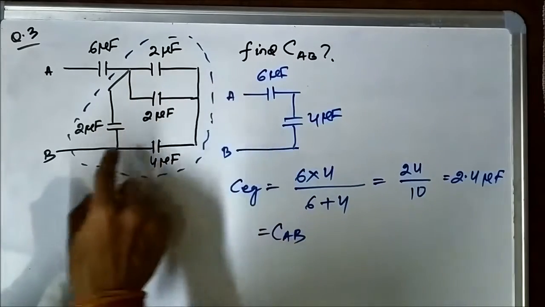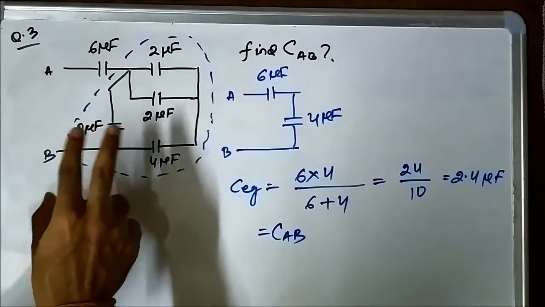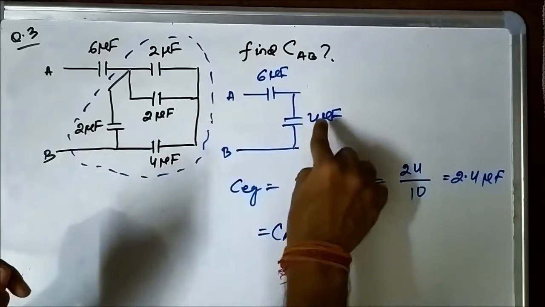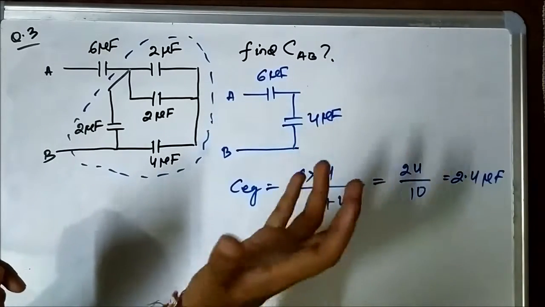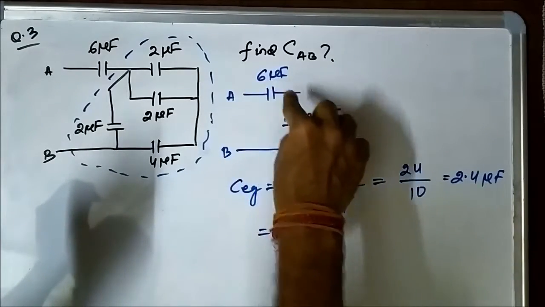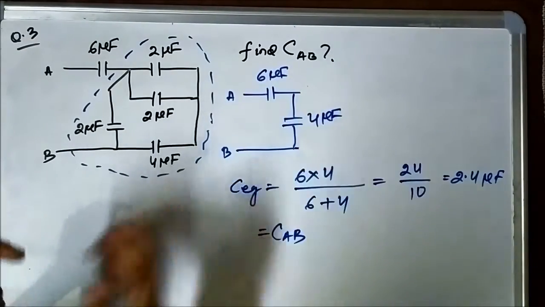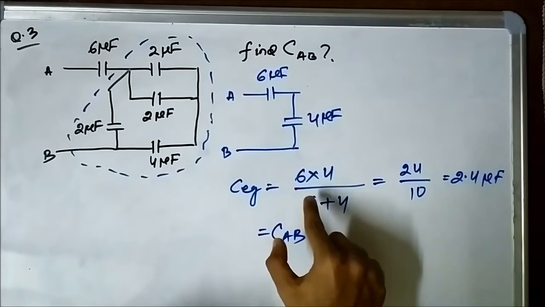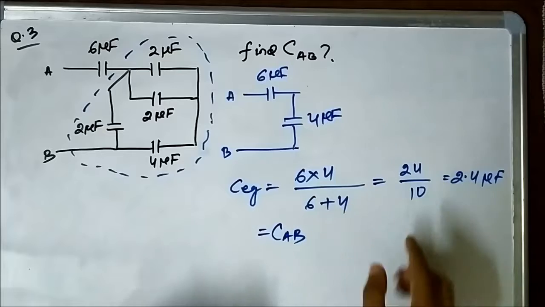Then that 2 microfarad and this 2 microfarad were in parallel, giving 4 microfarad. Then this 6 microfarad and 4 microfarad were in series, so the equivalent capacitance across AB is 6 into 4 by 6 plus 4.